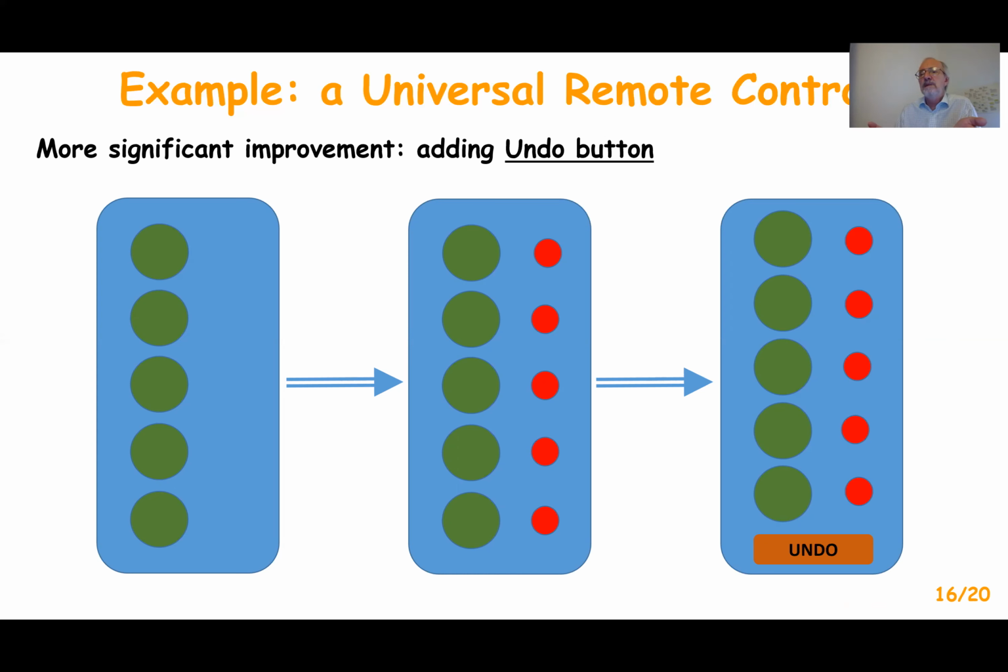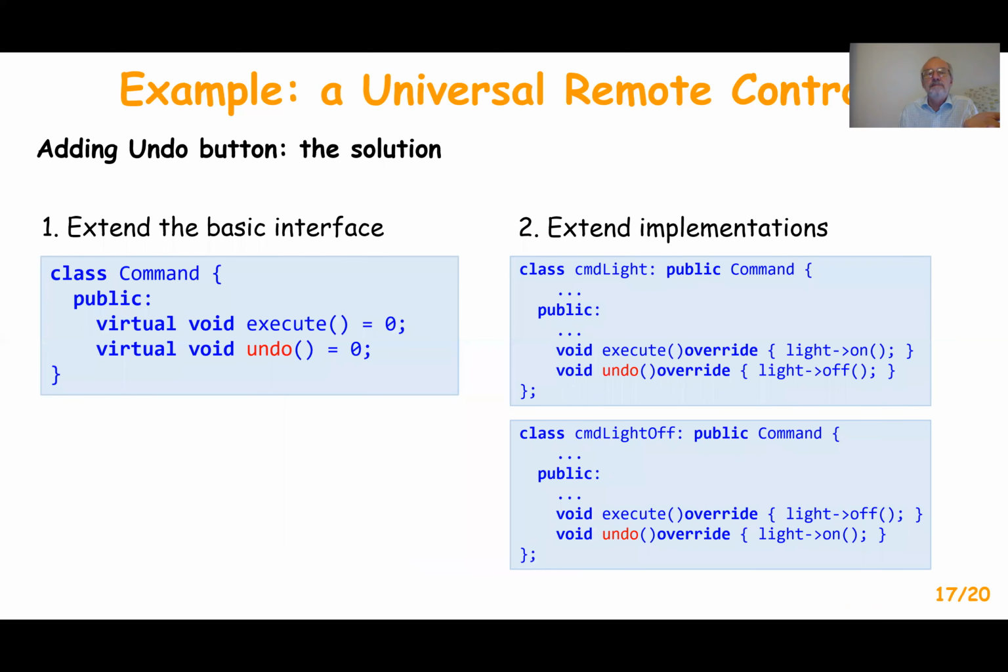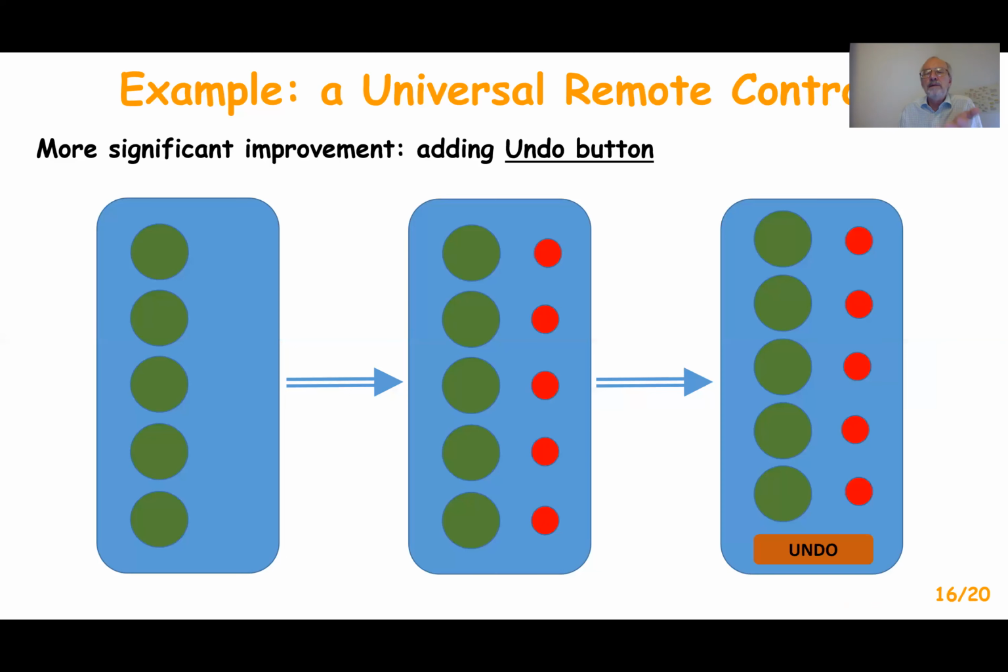A lot of similar functionality exists in many real applications, not even on devices, but in any text editor you are using every day. Undo button. So the task: how to implement such an undo functionality in our remote control device.